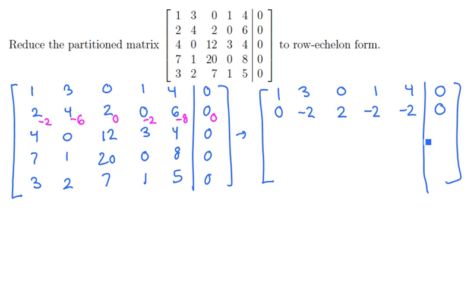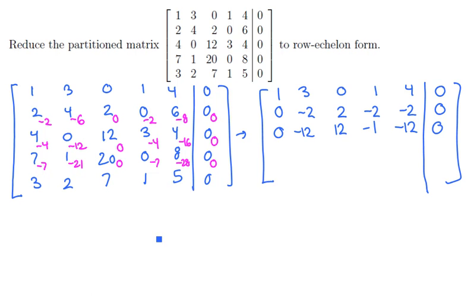For example, if we multiply the first row by a -4, we would obtain -4, -12, 0, -4, -16, and 0. And so adding term by term, we would have 0, -12, 12, -12, -12, and 0. Multiplying the first row by a -7 and adding it to the fourth row would yield -7, -21, 0, -7, -28, and 0.